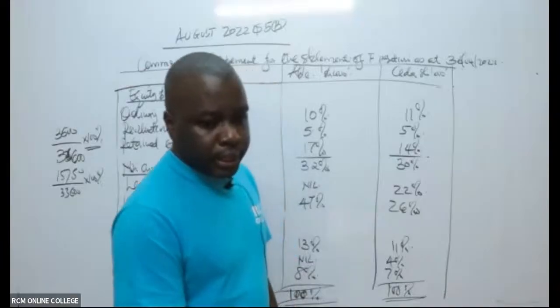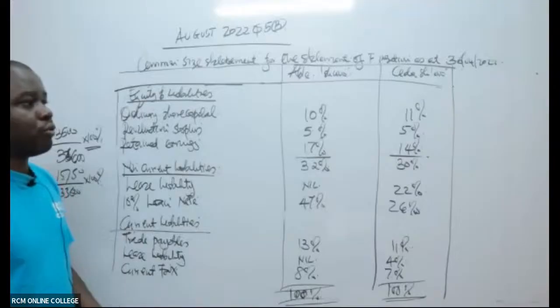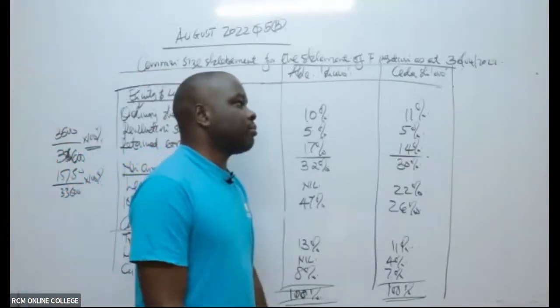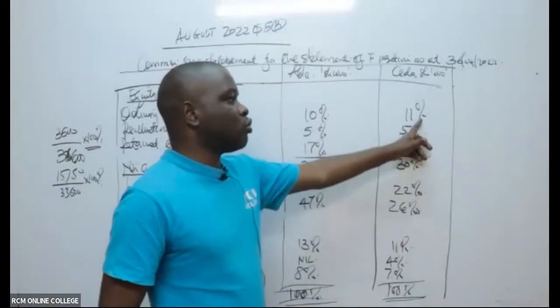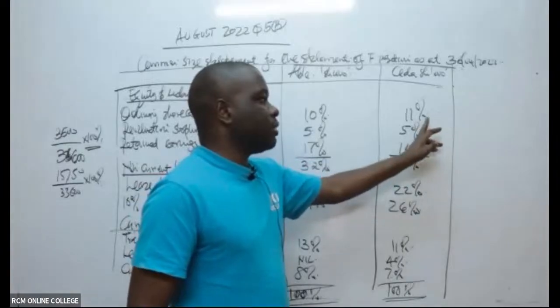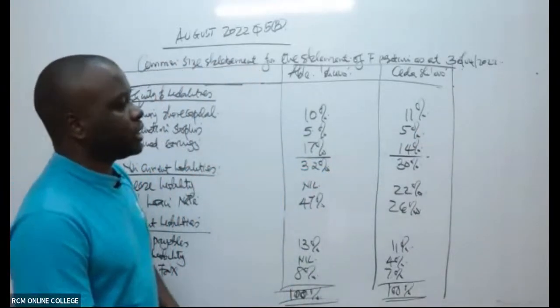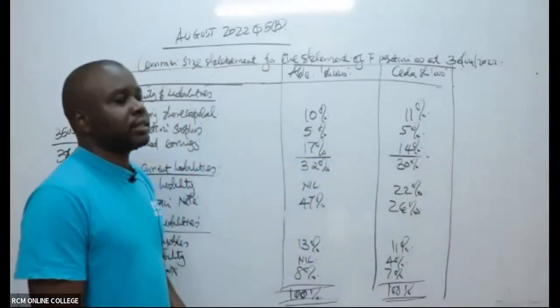Is it right to round off in an exam situation? There's no problem rounding off in an exam situation, because some of the percentages you might have ended up with may have so many decimals. You cannot write all the decimals, but you can round off to the nearest figure.